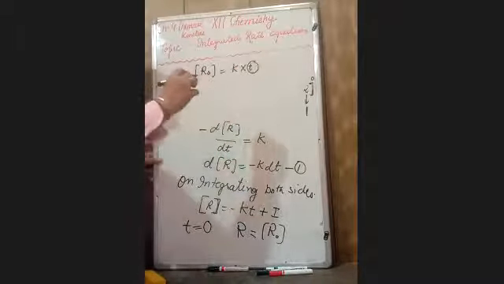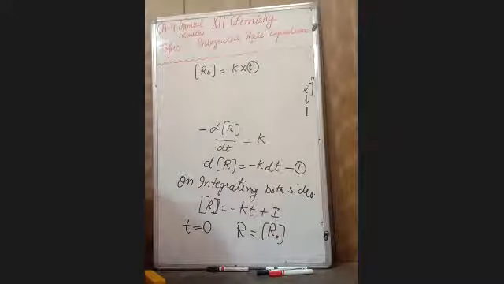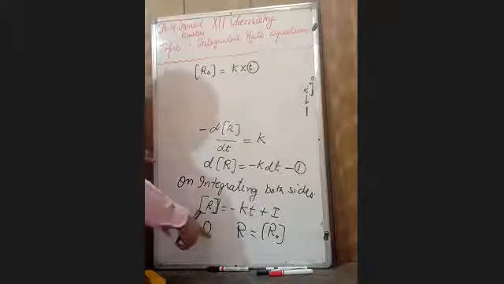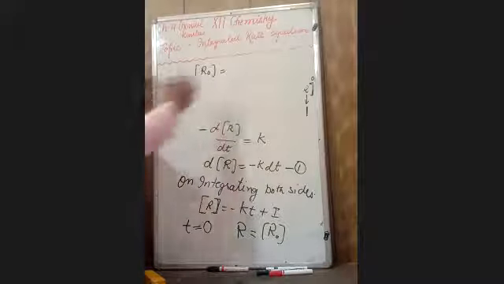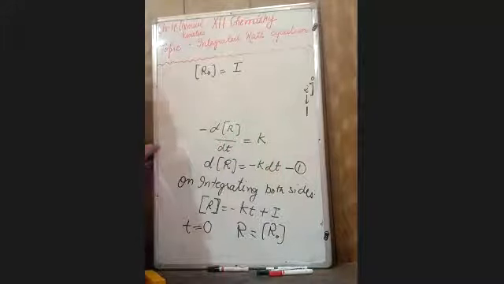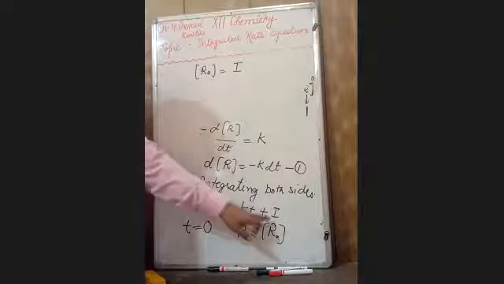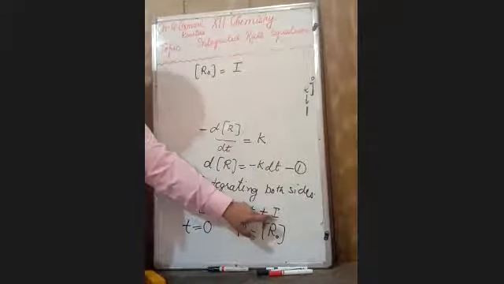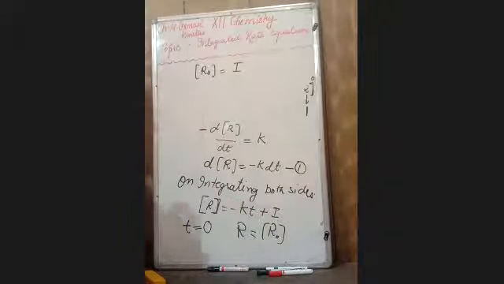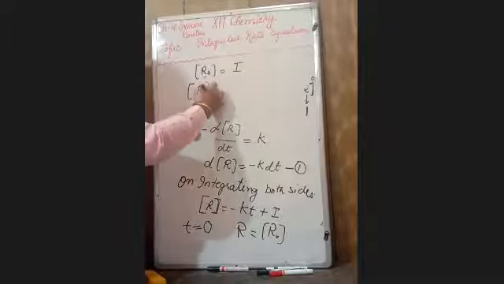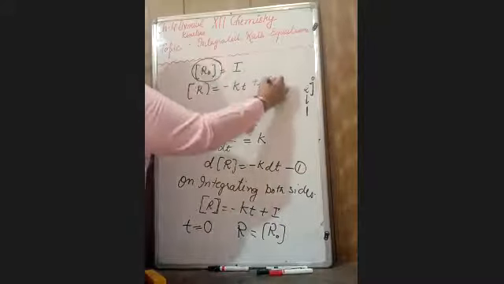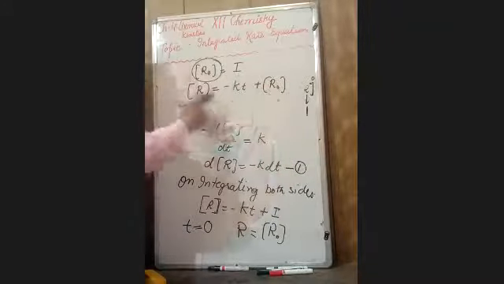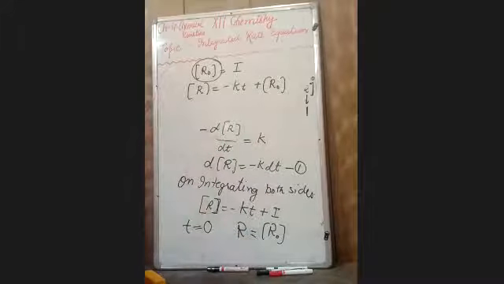My dear students, t is what? 0, because at time t is equal to 0. So this quantity will be 0. It comes out that R naught is equal to the integration constant I. Now put the value of I in this equation. It will be R is equal to minus kt plus R naught. This is the initial concentration. This is the final concentration.